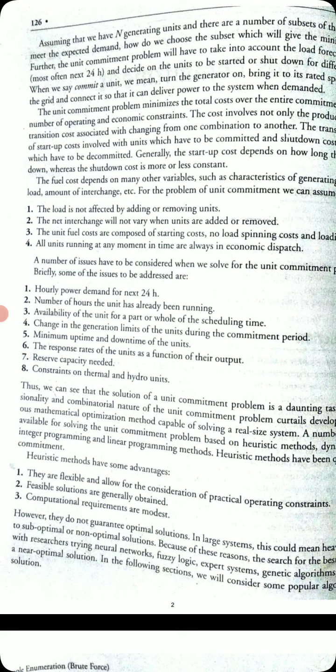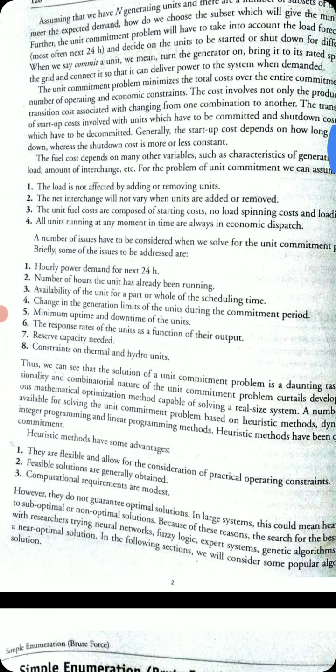Some of the issues to be considered when solving the unit commitment problem are these. The first issue is the hourly power demand for the next 24 hours. Then the number of hours the unit has already been running.